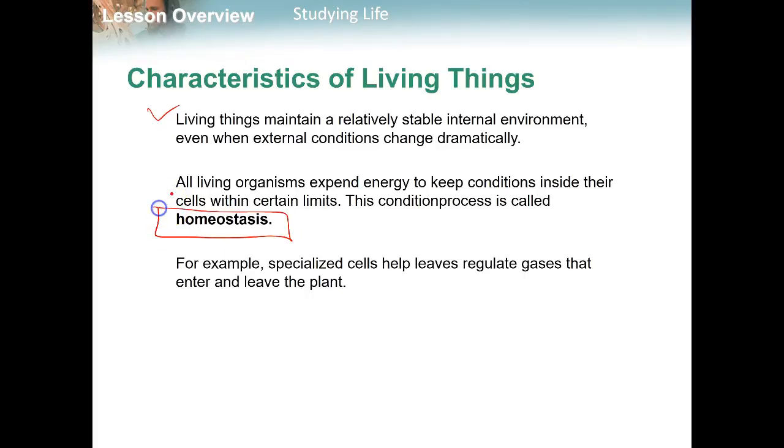That's called homeostasis. And that's what living things are able to do. They're able to maintain homeostasis. We could be cold-blooded, we can be warm-blooded, but our temperatures are going to remain the same because of that. Same thing happens with fish that live in water. Instead of them exploding because so much water is going into their bodies, they maintain homeostasis. They maintain stable internal conditions.